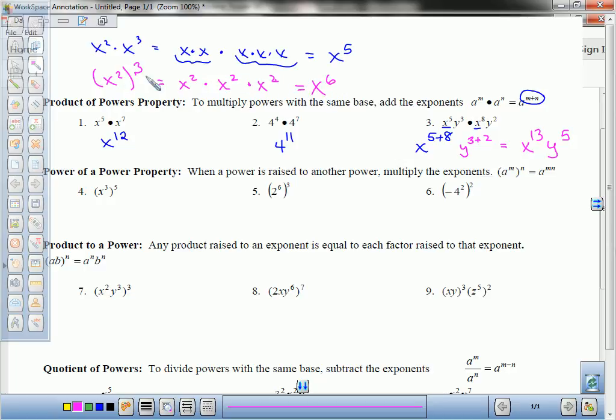6. Now the shortcut says when we raise a power to a power, all we do is multiply the exponents. So x to the 3rd raised to the 5th is x to the 15th.